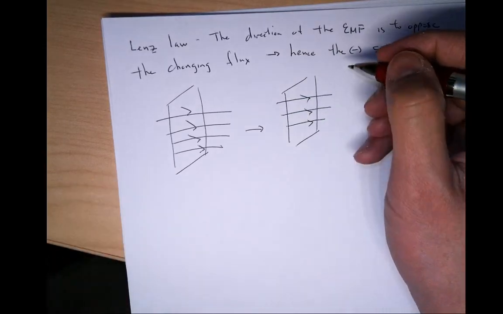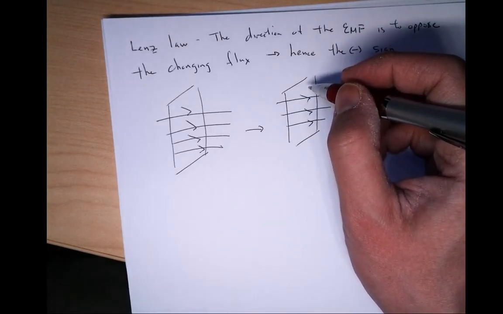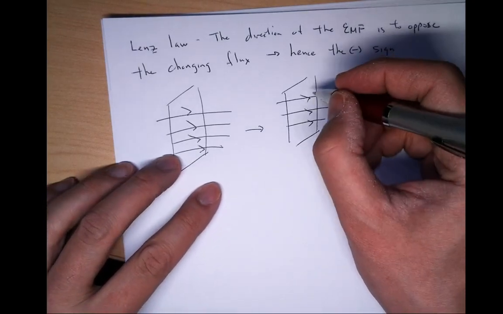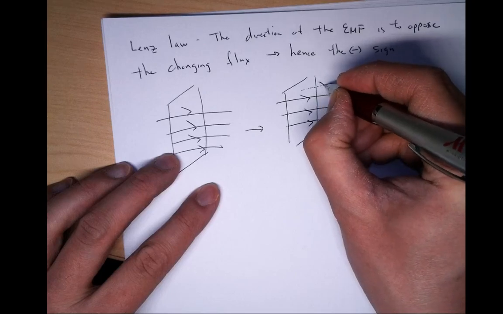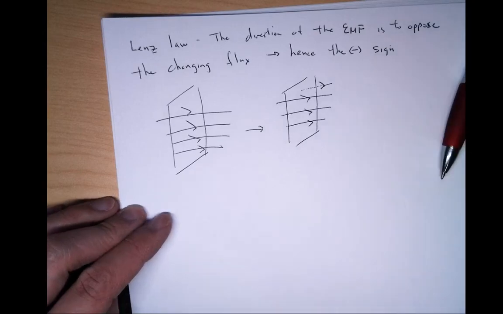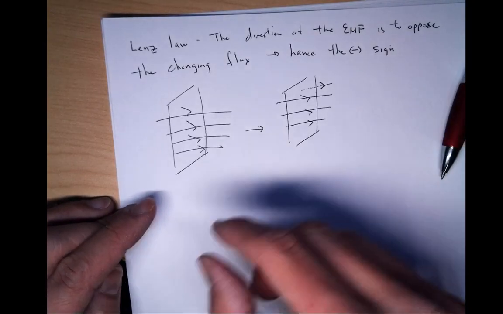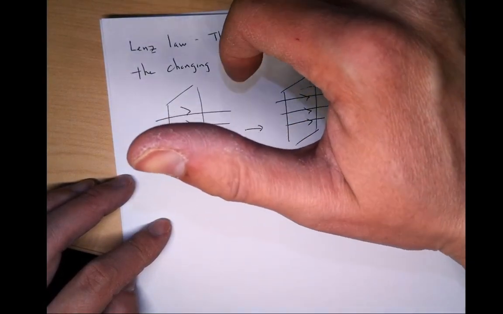What Lenz's law tells you is that the induced EMF must be in such a way as to oppose the change. So it wants to induce a new B field line in that direction. In order to figure out what direction that is, I have to just try it out.